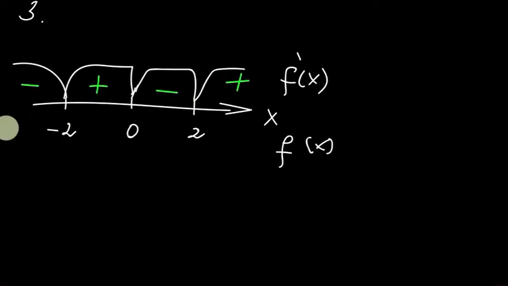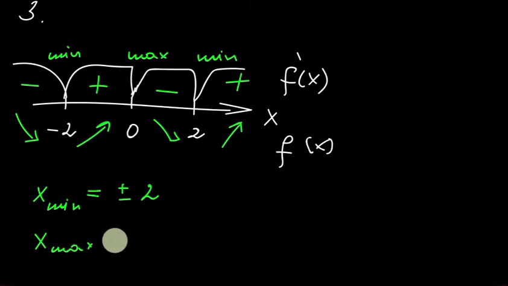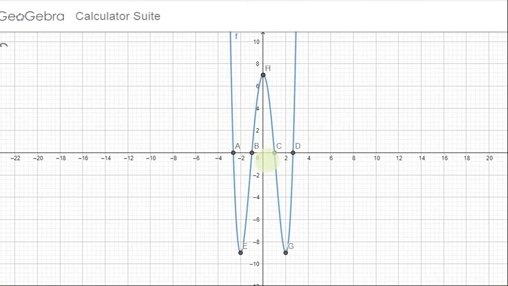Now let's draw our arrows. The function in these intervals is decreasing, increasing, decreasing, and increasing. So this is our minimum, this is our maximum, and this is our minimum. So our x minimum is equal to plus or minus 2, and our x maximum is equal to 0. Now let's look at the function. The function looks like this.